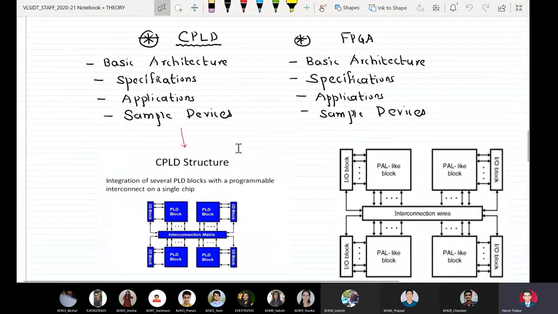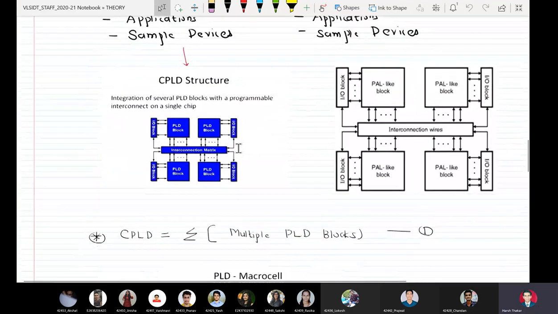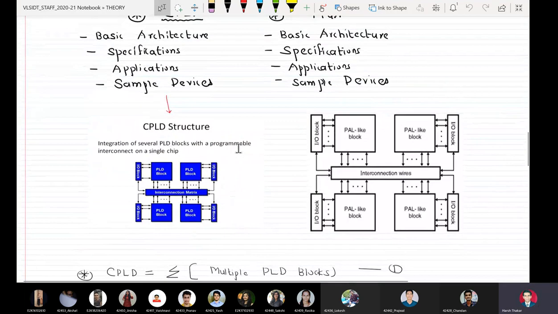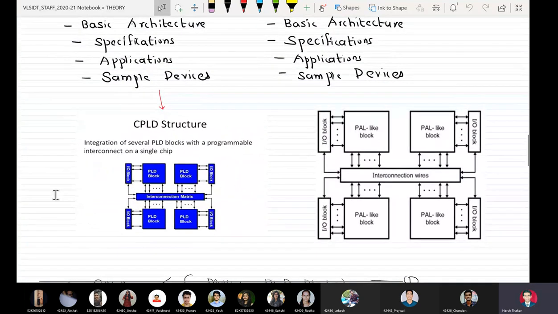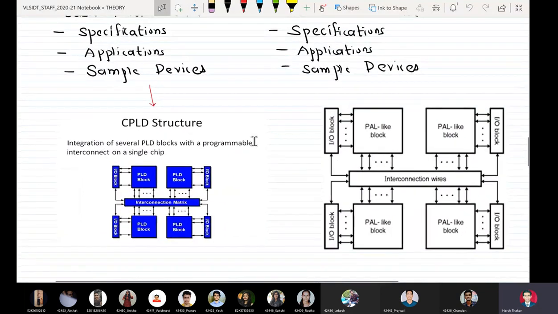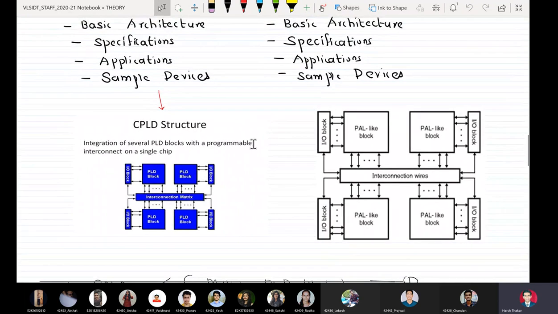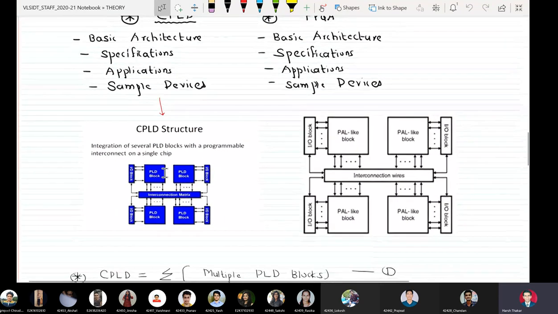So we discussed that the architecture of a generic CPLD looks either like this, the left side blue diagram, or the right side, almost the same. And we clarified that both diagrams are correct. PLD block is also correct and PAL-like block is also correct.